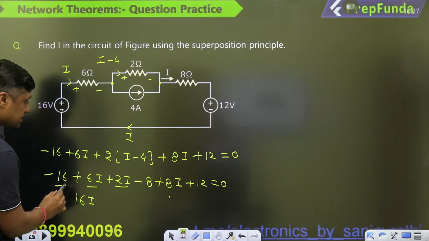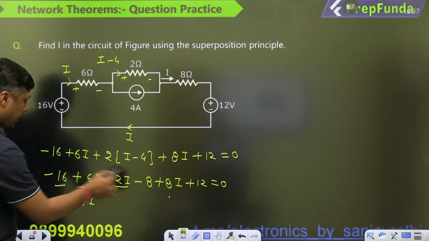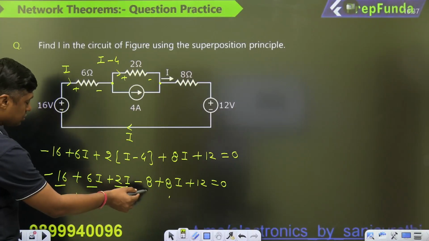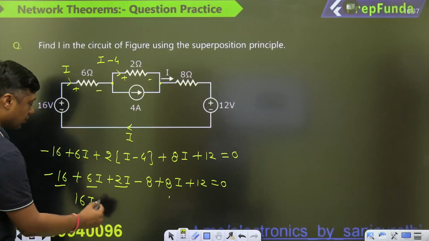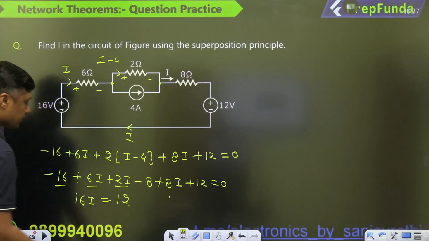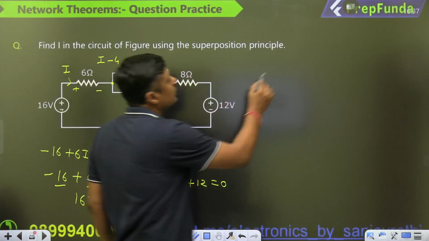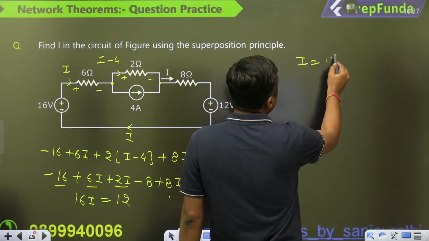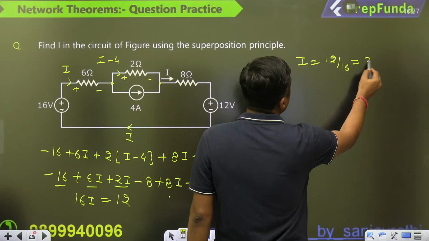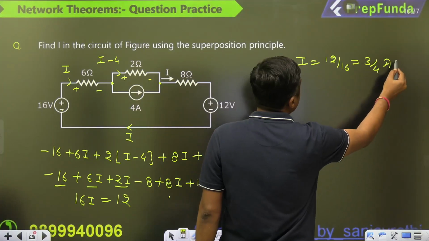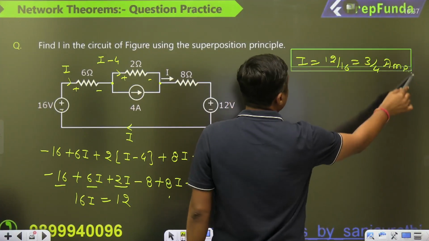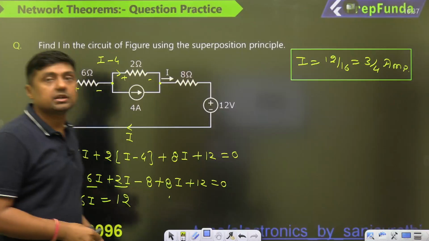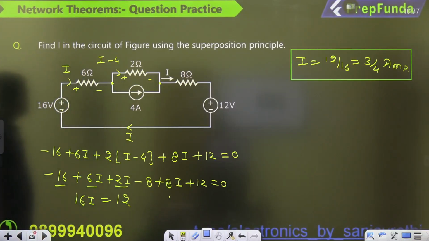And minus 16 minus 8 is minus 24. Minus 24 plus 12 is minus 12. On the right side it will become plus 12. What is I? I is 12 by 16, that is nothing but 3 by 4 ampere. Check my calculation. So with the help of this KCL and KVL, in one step you can find the answer, that is 3 by 4.